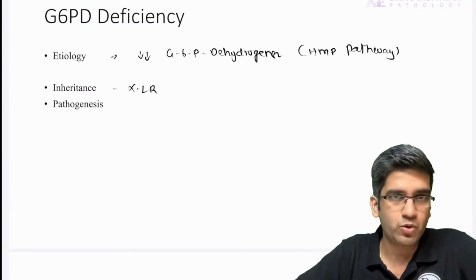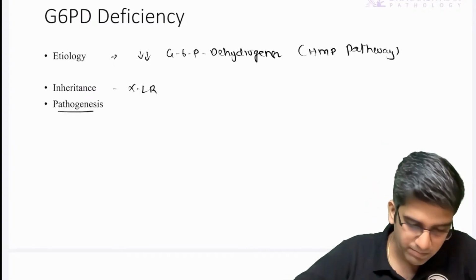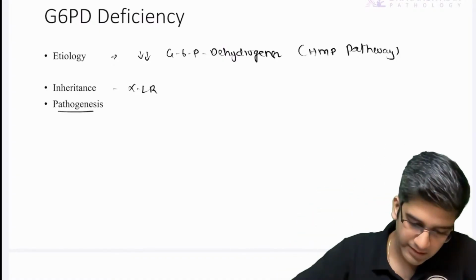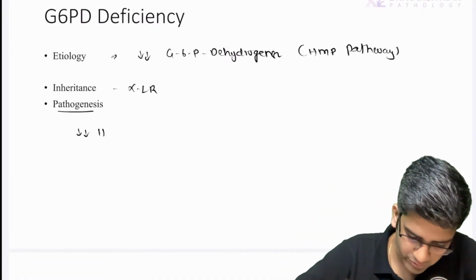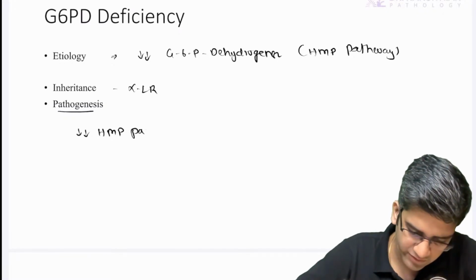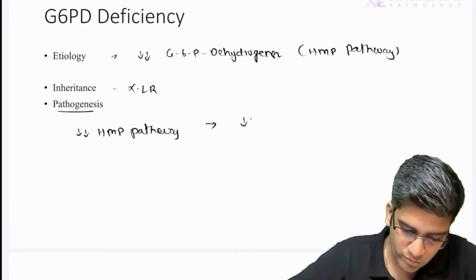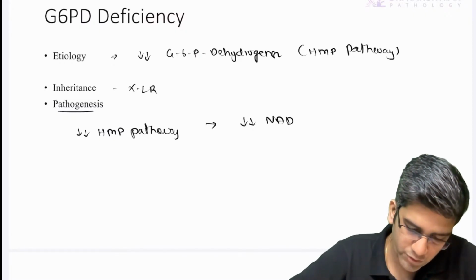Fine. That's important. So the big pathogenesis: because of the G6PD deficiency and reduced HMP pathway functioning, you will end up having a reduced NADP-NADPH ratio.